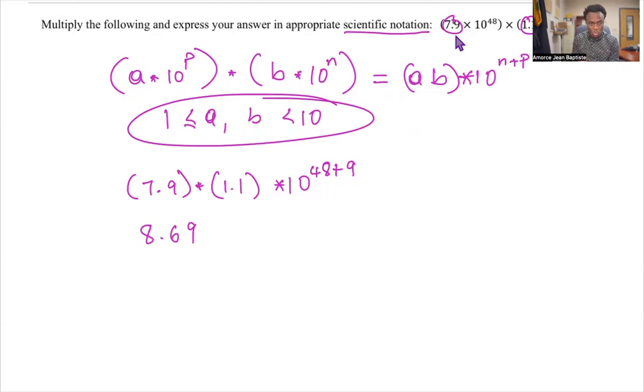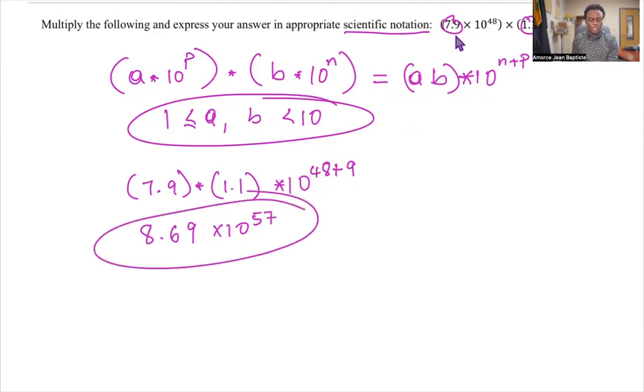So this is okay. Times 10 exponent 48 plus 9, 57. So that is the answer for this.